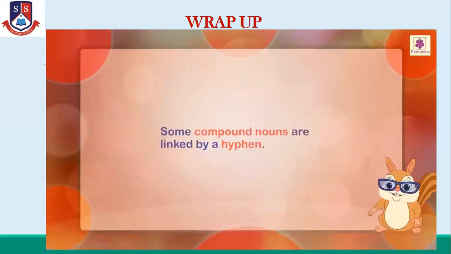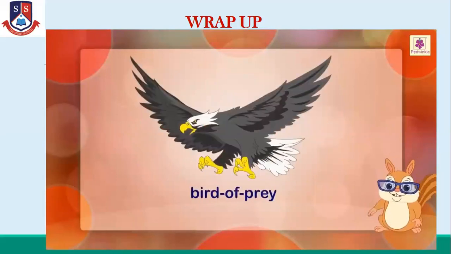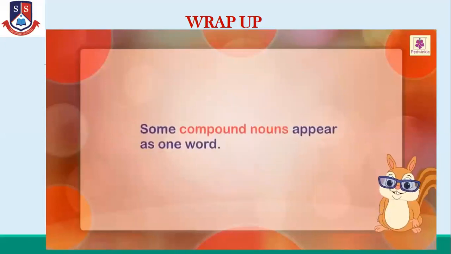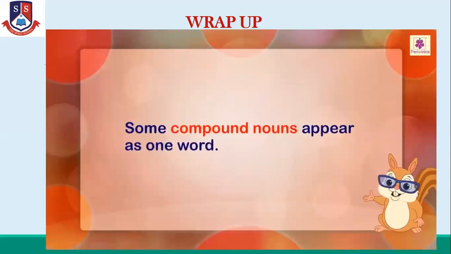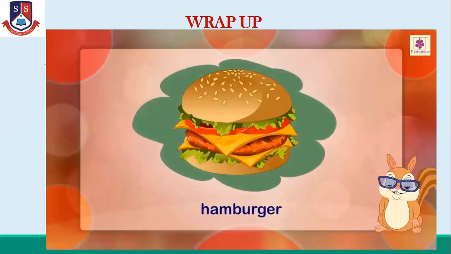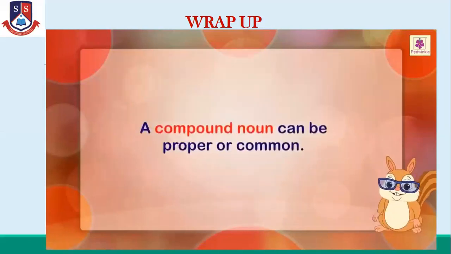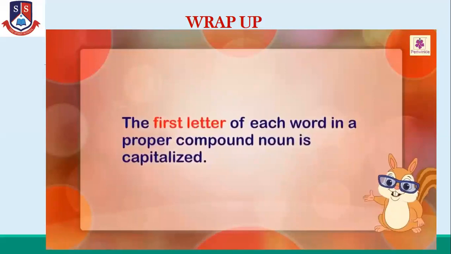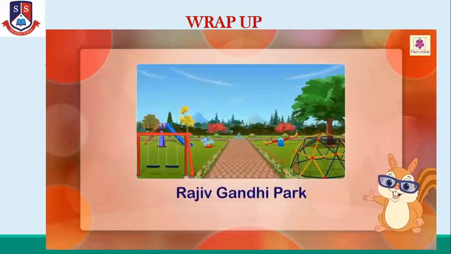For example, bird of prey. Some compound nouns appear as one word. For example, hamburger. A compound noun can be proper or common. The first letter of each word in a proper compound noun is capitalized. For example, Rajiv Gandhi Park.